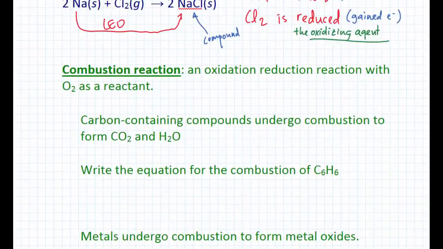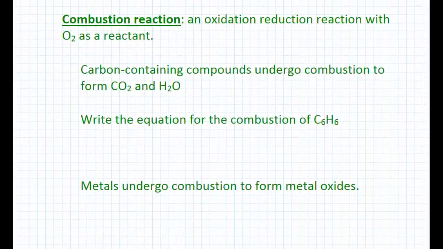Let's do one more example here on the bottom, of a combustion reaction where it's an oxidation-reduction. O2 is a reactant. Oxidation comes from oxygen, and we'll be able to talk about what role oxygen serves in reactions like these. We already know that combustion reactions with carbon-containing compounds form CO2 and H2O, because that was our combustion analysis from the last chapter.